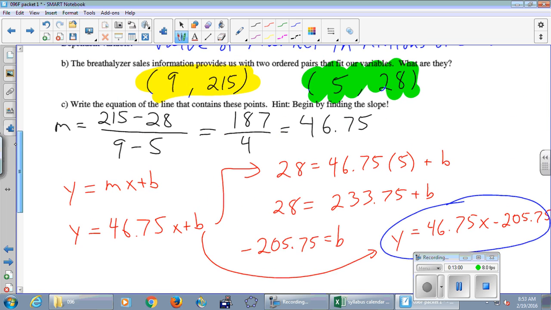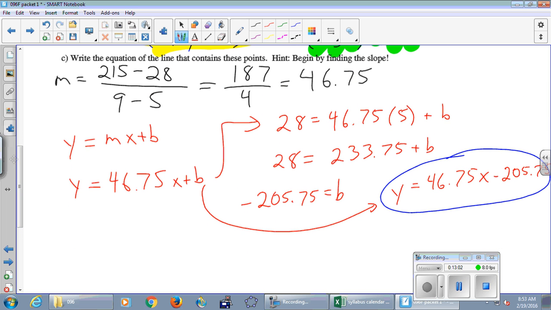Okay, so for me to understand the slope, I need units. That's how I always start with the slope. So going back to the 215 minus the 28, what were the units on those numbers? Millions of dollars, millions. The 9 and the 5 came from 2009 and 2005. Those were years.